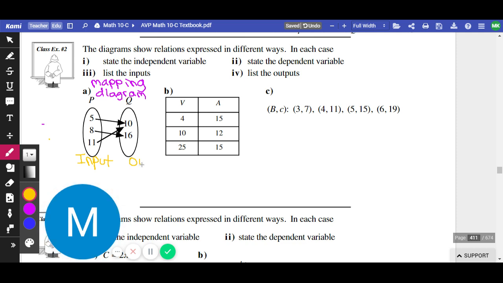This is the output. If I did it the other way around, and I chose 16, 16 doesn't give me anything because the arrows are coming into it, not out of it. So I can't figure out where it would actually connect. Okay? These are my input values, these are my output values. We could write them out if we want. I don't think you need to. The inputs are 5, 8, and 11. The outputs are 10 and 16.